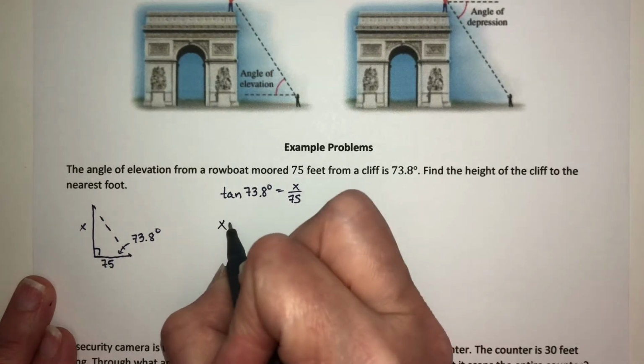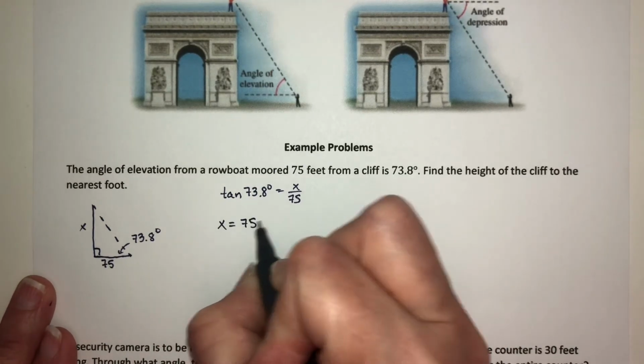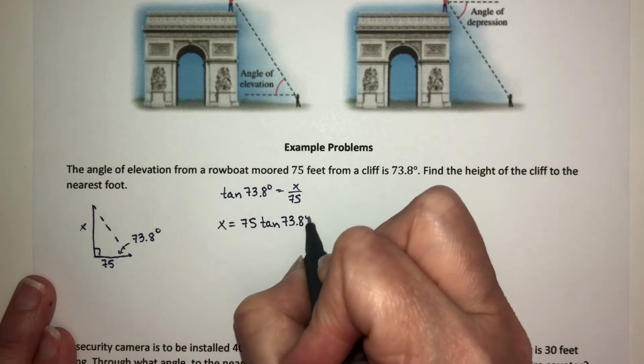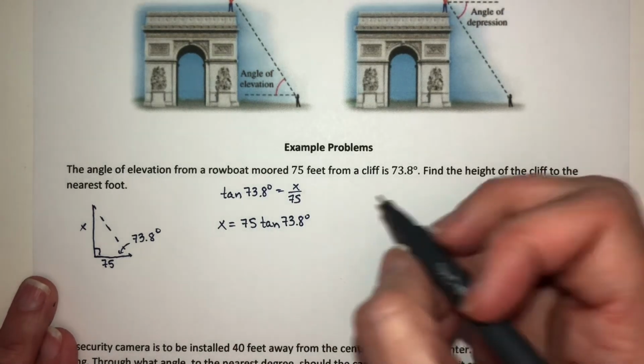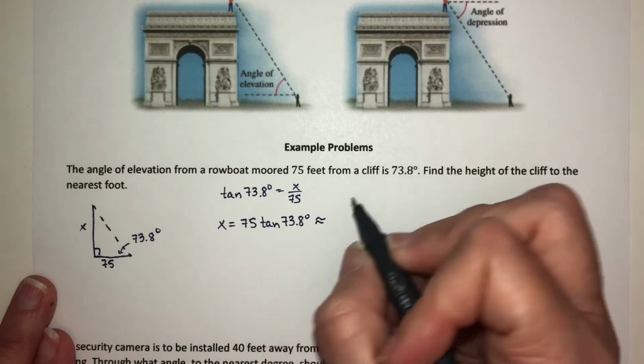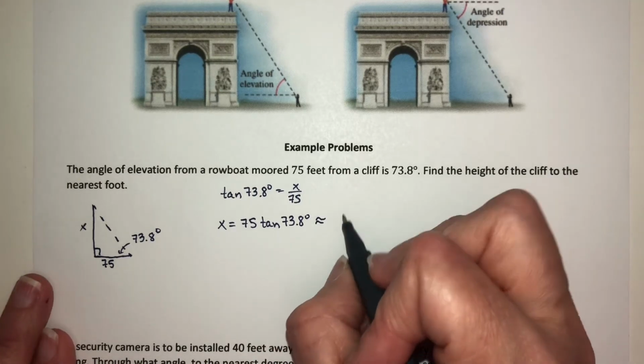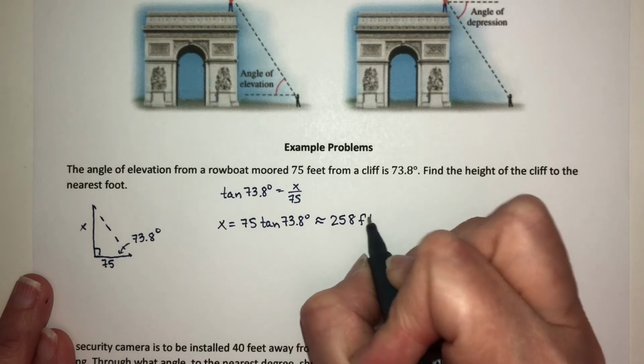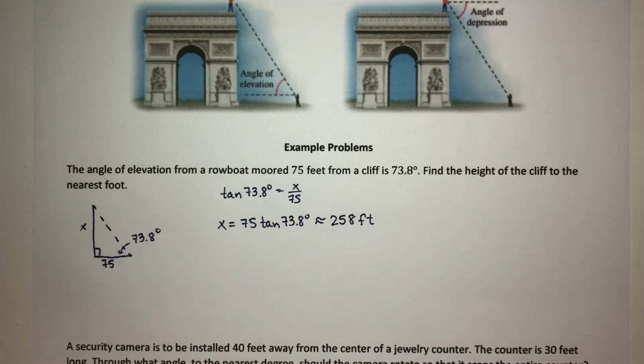So the height of that cliff should be 75 times tangent of 73.8 degrees. And that calculation gives you approximately 258 feet. So the cliff is approximately 258 feet tall.